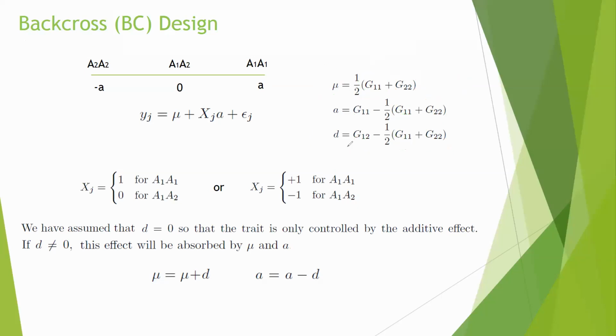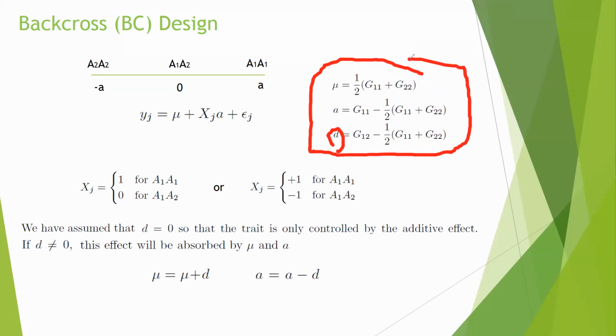So that's why we have to sacrifice one. We assume there's no dominance effect in this situation. Actually, there is, but based on the backcross design, with the missing information, you cannot estimate that D effect. The D effect is absorbed in the estimation of these 2 parameters; it will be confounded.